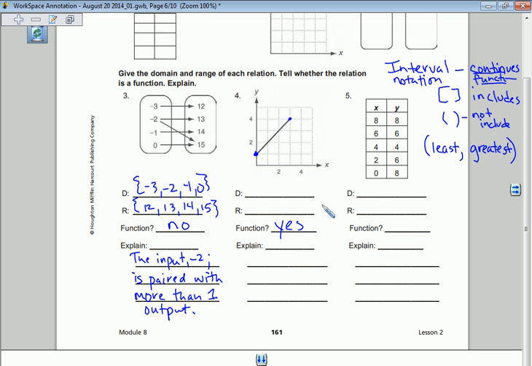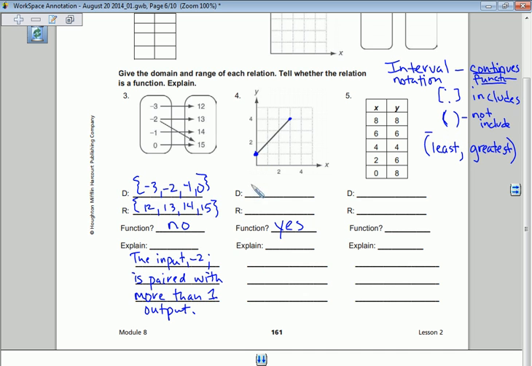So this part is probably new, and this is what we'll use all the way through high school. With interval notation, we always start with the least value and always go to the greatest. If we include the point, we have the brackets, and if we do not include the point, we use parentheses.